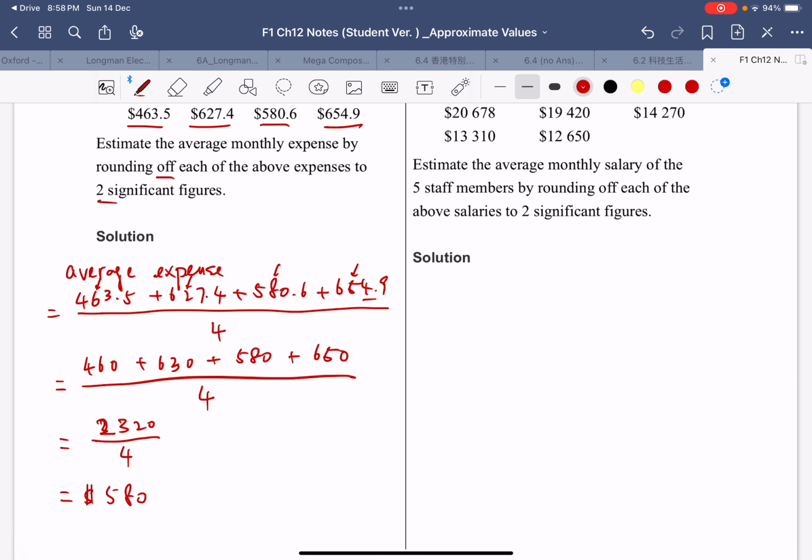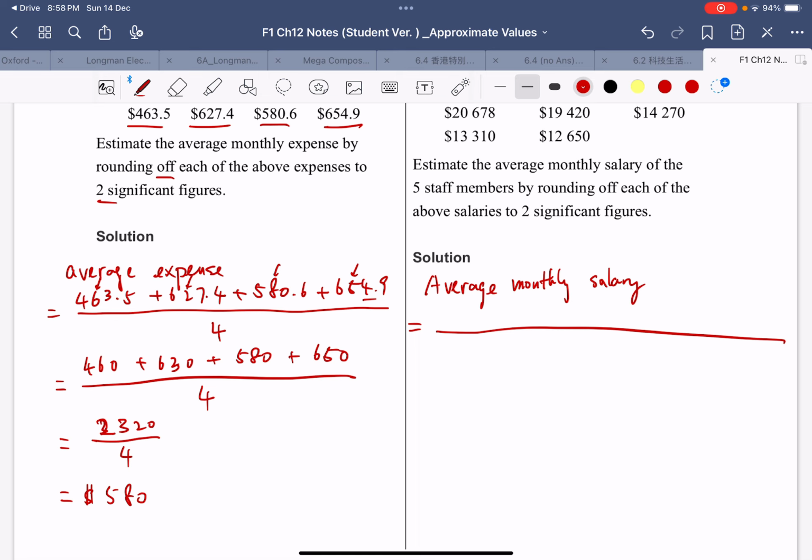So by the same token, you do the average monthly salary by yourself here.